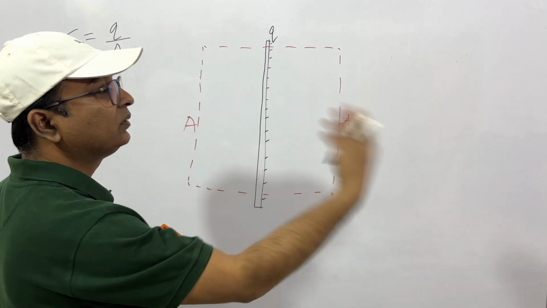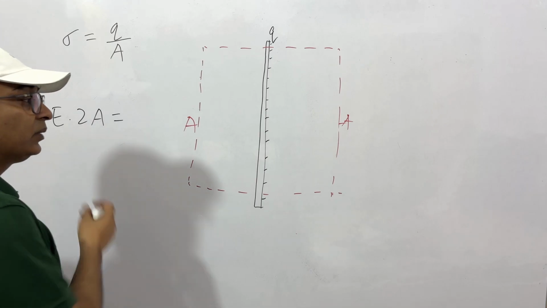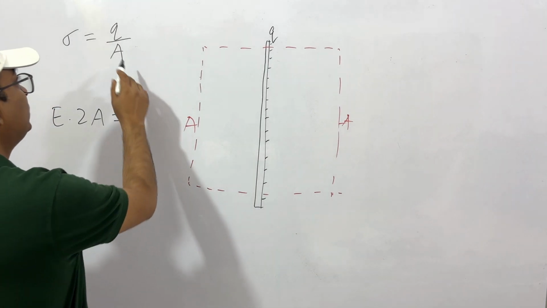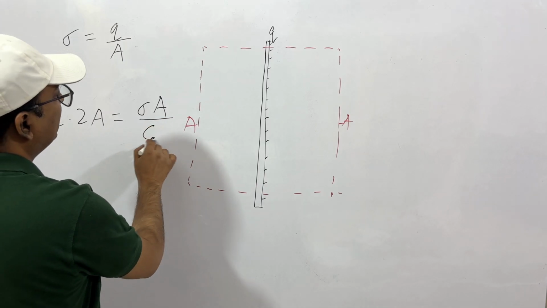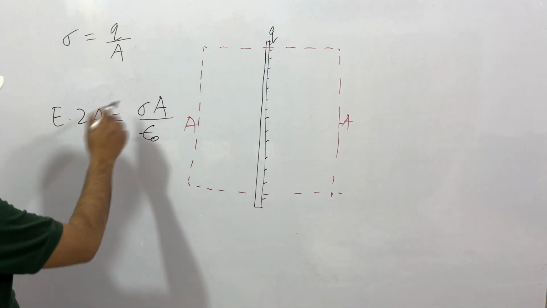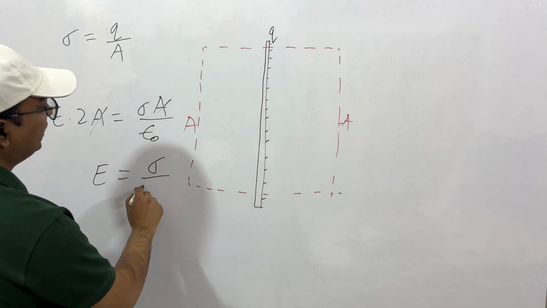So one area is to this side and one area is to this side. So E into 2A will be equal to the total charge enclosed, that is Q, which you can write as sigma into A, Q by epsilon 0. This is from Gauss's law. So A cancels A, finally E is equal to sigma by 2 epsilon 0.